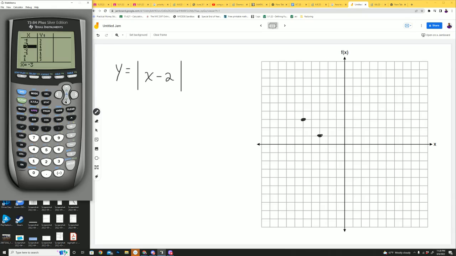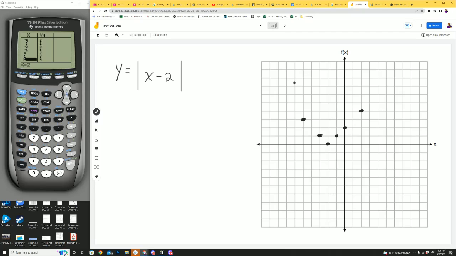Scroll down some more. I have negative 2, 0. Right there. And if I go to negative 1, I notice it's negative 1, 1. Then I have 0, 2. Scroll down some more. I have 2, 4.